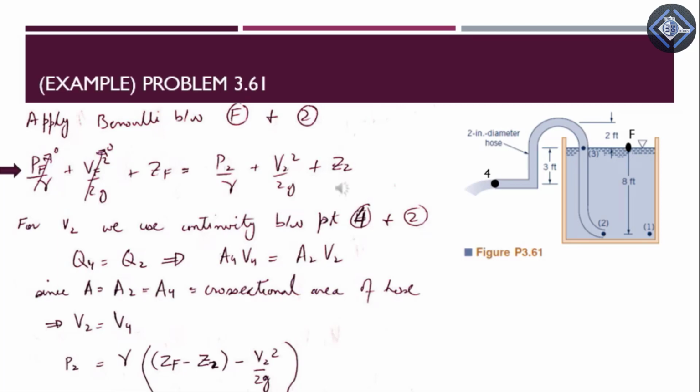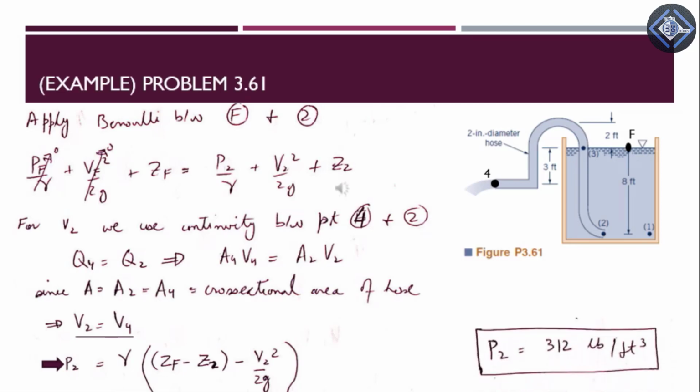So the continuity between 2 and 4 states Q4 is equal to Q2, and since the areas A2 and A4 are the same because the hose has a constant diameter, velocity V2 is equal to V4. So we write P2 in terms of V2, as you can see written on your screen, and the result comes out to be P2 equal to 312 pounds per feet cubed gauge. This is gauge pressure again because we have taken PF to be zero gauge.